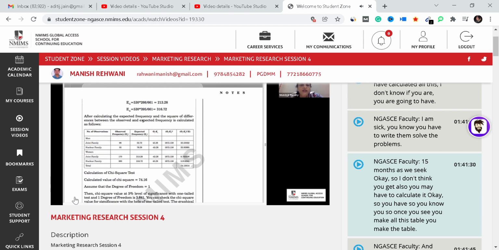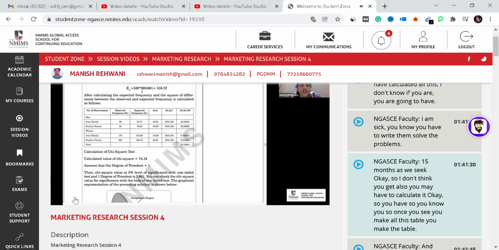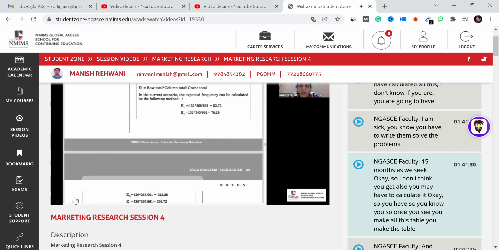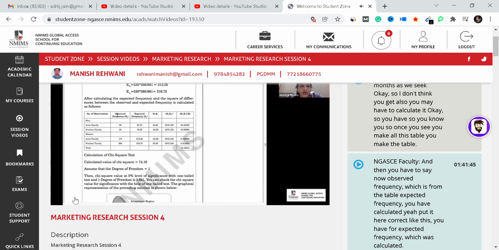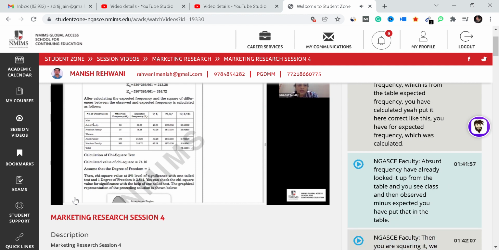Okay, so once you make all this table, you have to see now observed frequency, which is from the table. Expected frequency you have calculated, you have put it here, correct? Like this, you have 4 expected frequencies which were calculated. Observed frequency you have already put from the table.